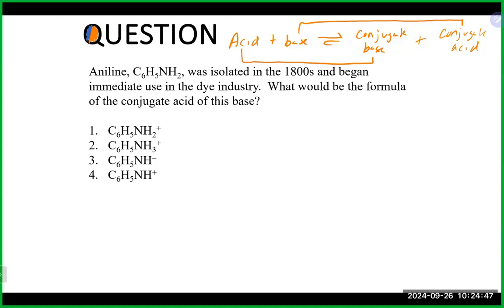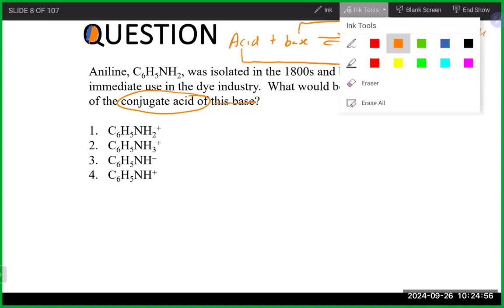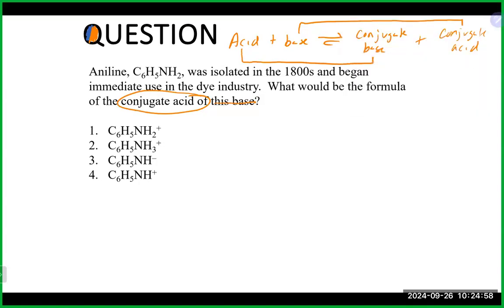So not all problems like this will be nice enough to tell you that it is a base. They will just say, hey, what is the conjugate acid for this particular thing? So if you understand that you are looking for the conjugate acid in this case, and you work your way backwards, that will tell you that what you are looking at is a base. And basically, you just have to follow the definition of a Bronsted base, which is something that will accept the H plus.